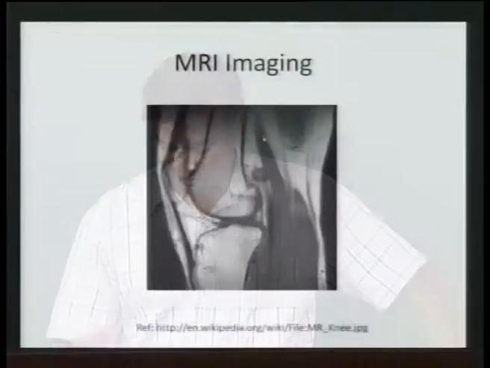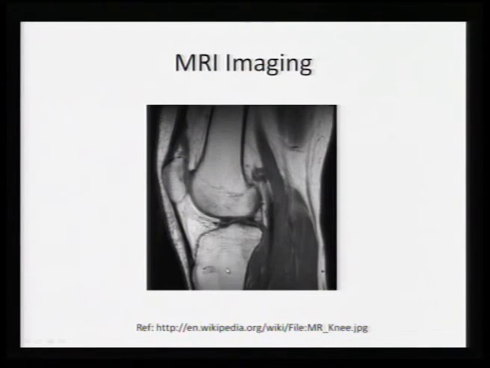So what you see here is a variety of ligaments and bones, etc. Any kind of damage that happens in any tissues and bones in the body can be very precisely imaged in this technique. This is a very essential technique for health applications.